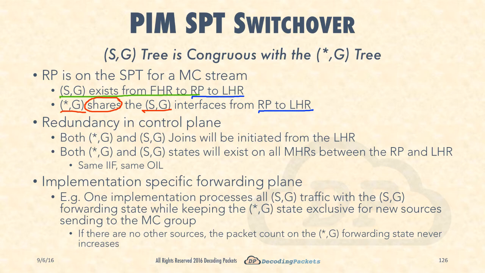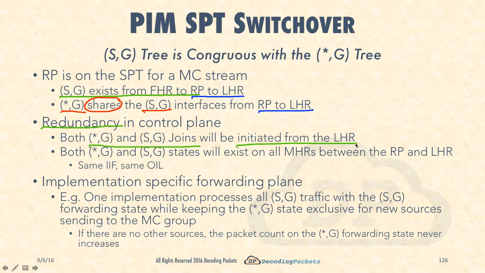So there is redundancy in the control plane here, because remember, PIM is a soft state protocol. You have to re-signal the star,G and the S,G joins periodically, 3 minutes or so usually, but you would now be doing it for both of them. In the control plane, this is not good redundancy, this is just redundancy. Both star,G and S,G joins will be initiated from the LHR on a periodic basis.